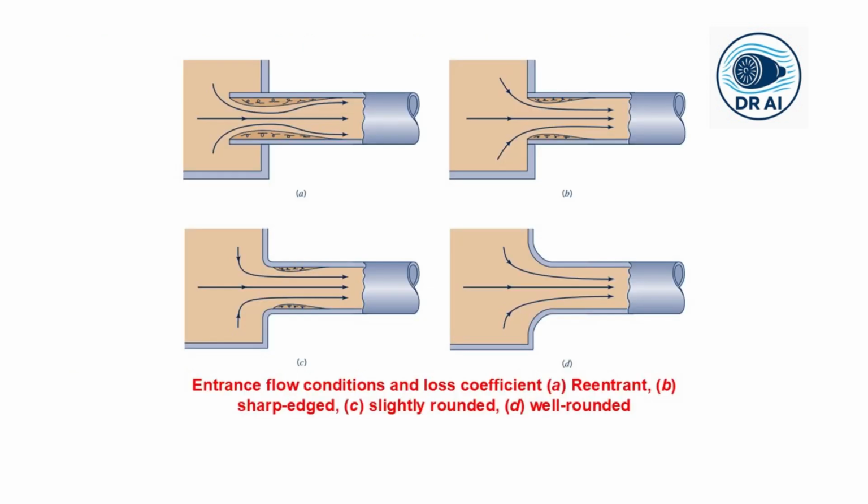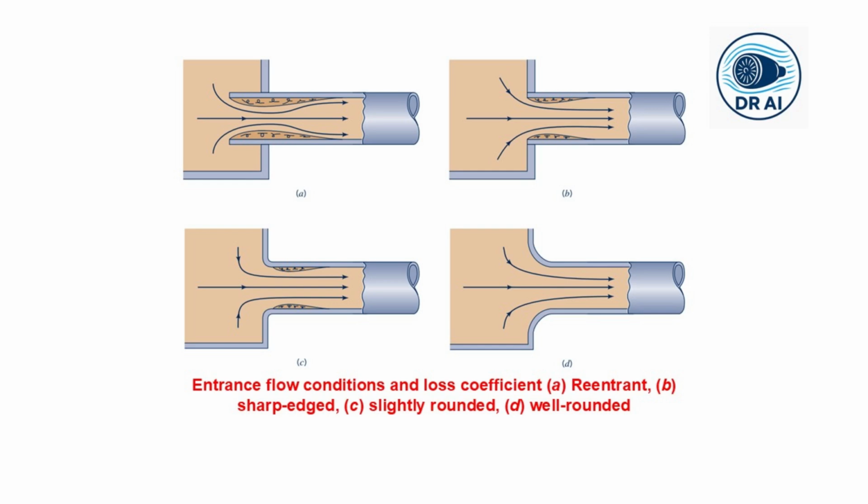Now let us look at some common examples in your textbook. Entrance losses. This figure shows different types of pipe entrances from a reservoir. A re-entrant entrance, with the pipe protruding into the tank, has a high K_L of about 0.8. A sharp-edged entrance has a K_L of about 0.5.